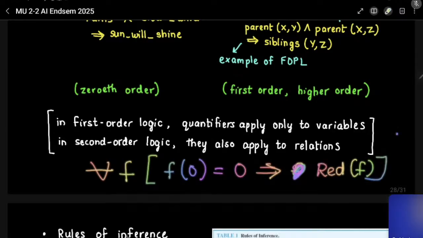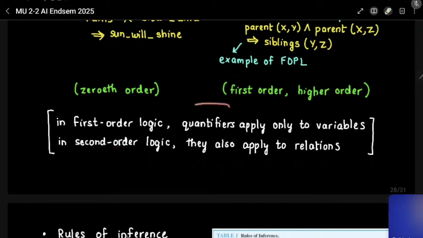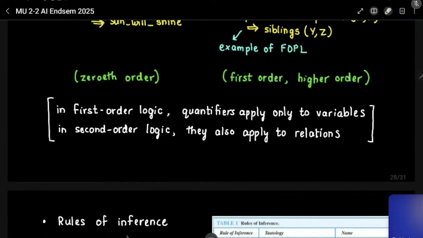In this case, I wrote something that belongs to higher order logic because I'm applying a quantifier to a function. A function is not a variable. So if your quantifiers are restricted only to variables, then it's still first order logic, or else the order increases.